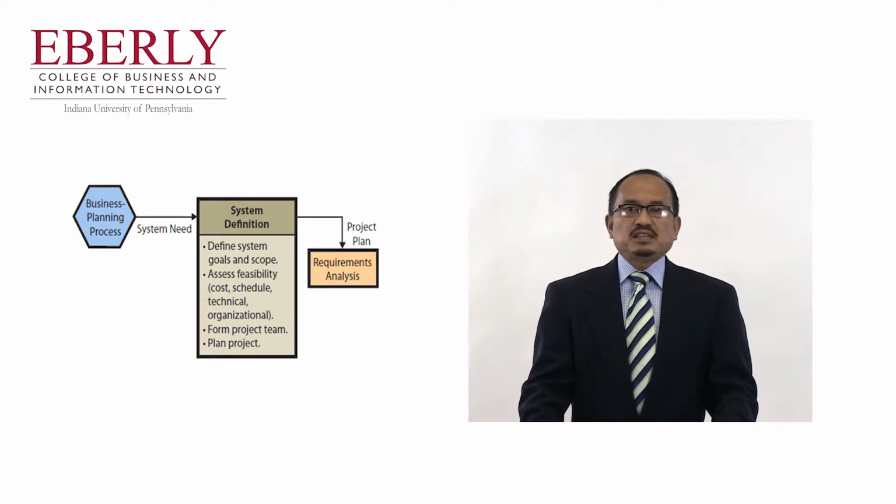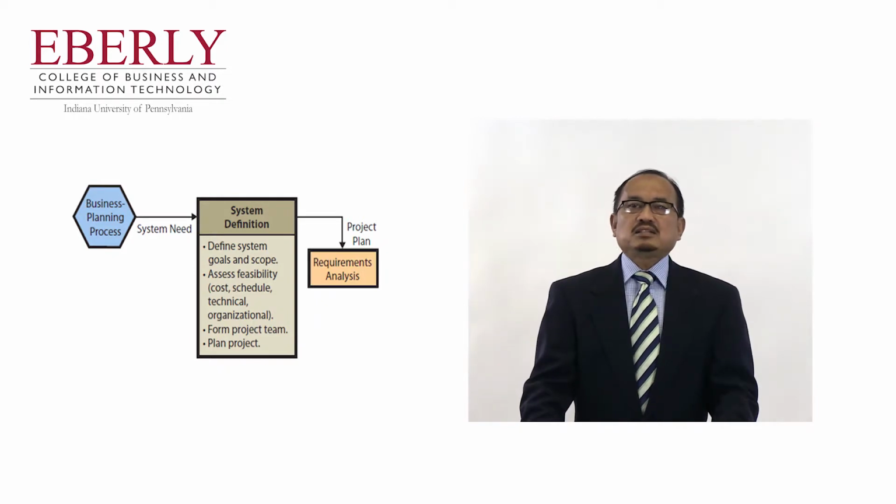The purpose of this estimate is simply to rule out any obviously unacceptable project. Technical feasibility refers to whether existing information technology is likely to be able to meet the needs of the new system. Finally, organizational feasibility concerns whether the new system fits within the organization's customs, culture, charter, or legal requirements.